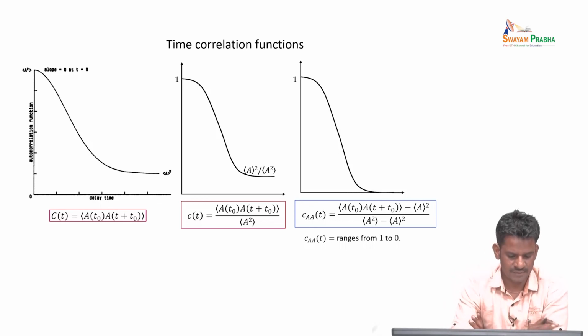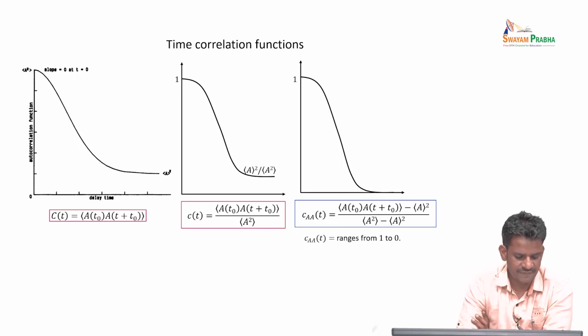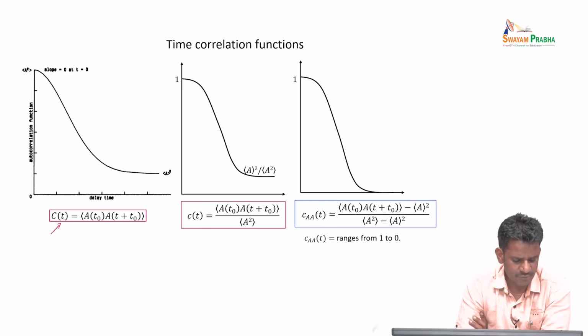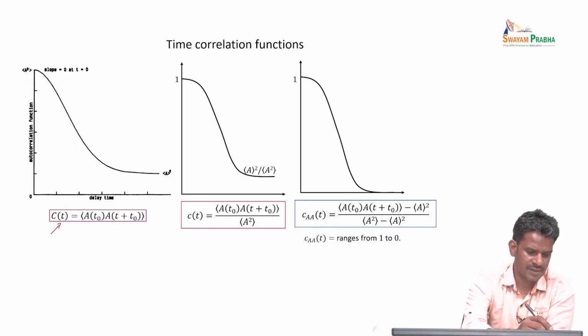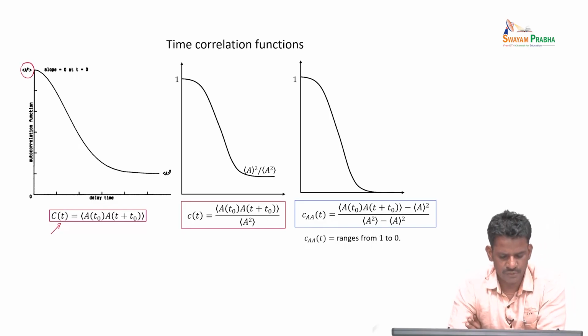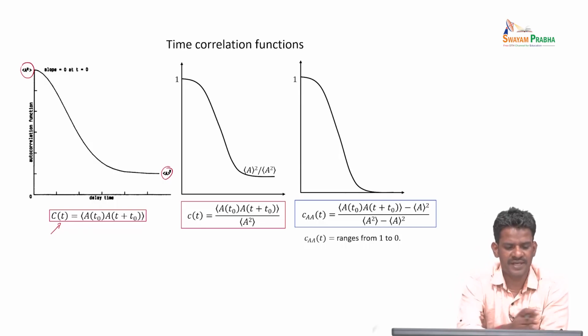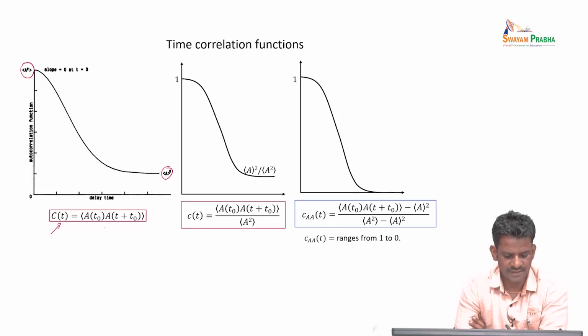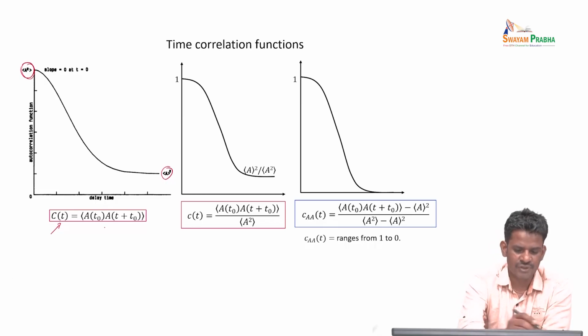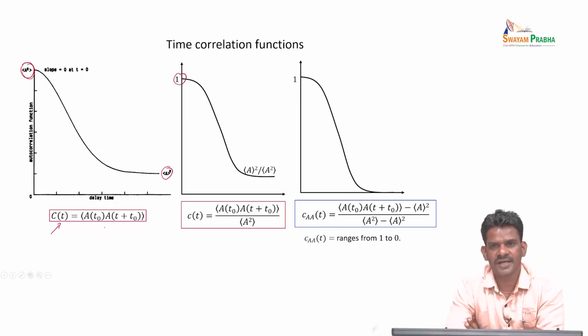To recollect what we have discussed so far, we have this unnormalized autocorrelation function, which goes from the mean square to the square of the mean between very small times and very long times. Then we said we can normalize this function with the initial value so that it starts at 1 at time t equal to 0.